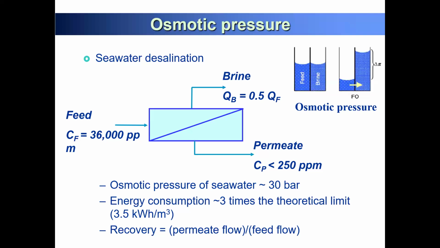But as I mentioned, seawater has more than 1000 elements, right? So how can we calculate every single element, like sodium concentration times RT, chloride concentration times RT?